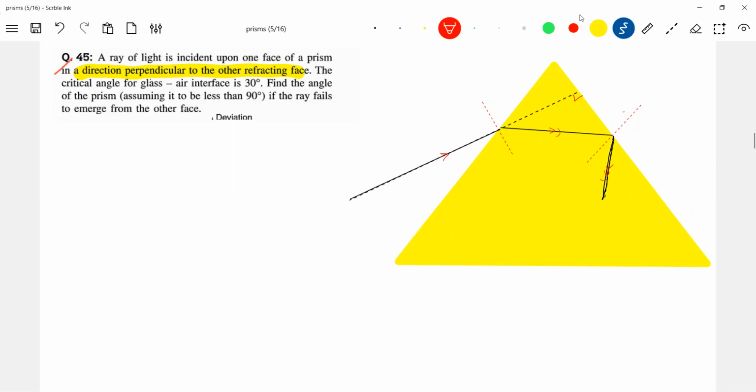This is 90 degrees. This much of information is there. Only the critical angle is given.